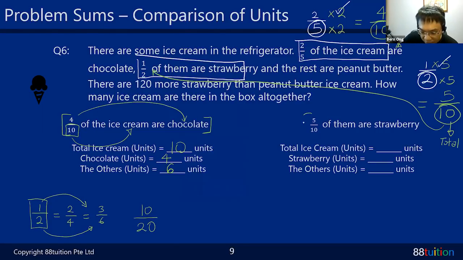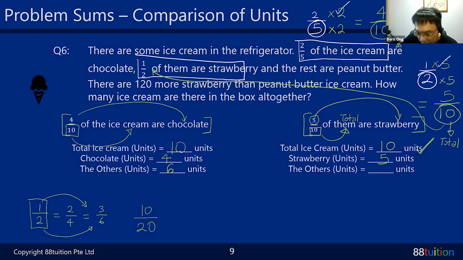And the other fraction here, 5 over 10 of them are strawberries. The 10 here is the total, and the 5 here represents the strawberry. So 10 is your total units, 5 is your strawberry.